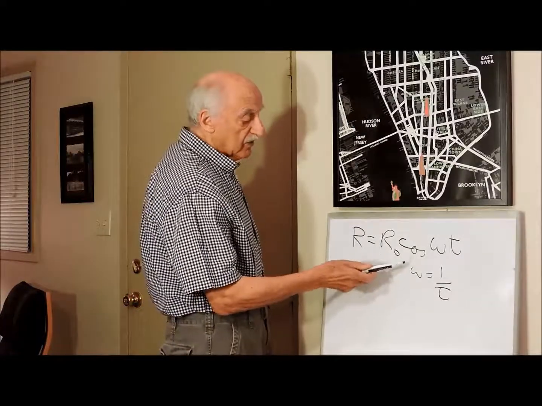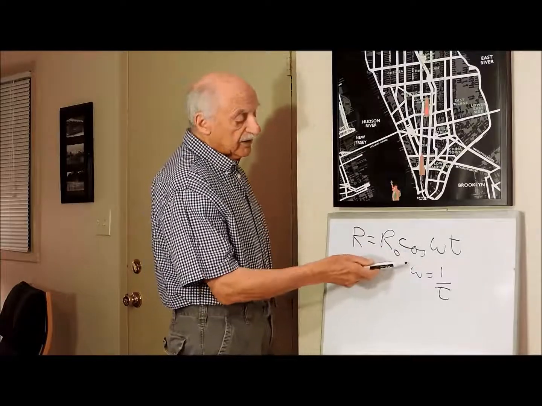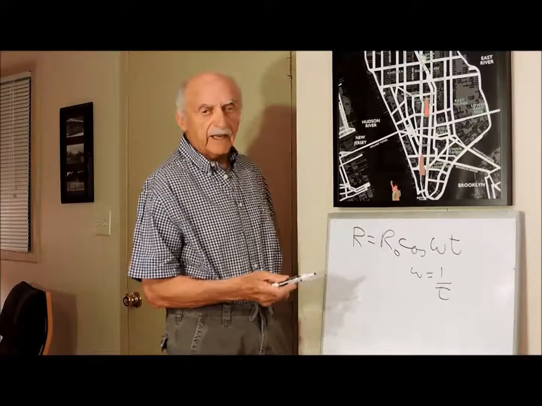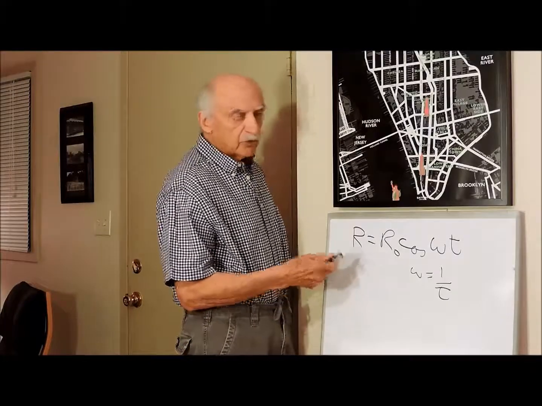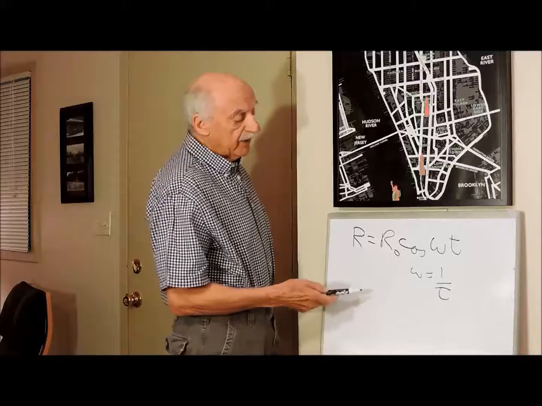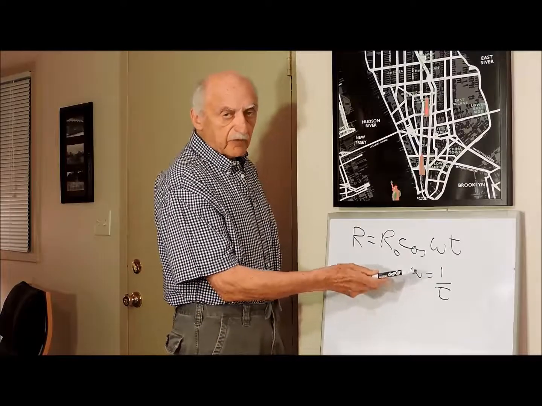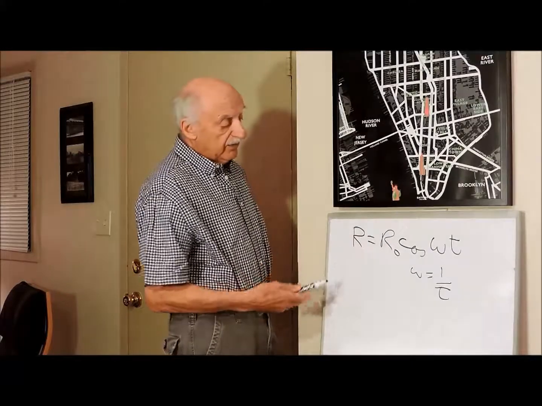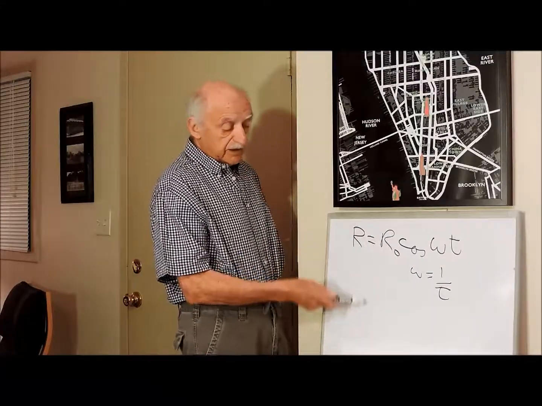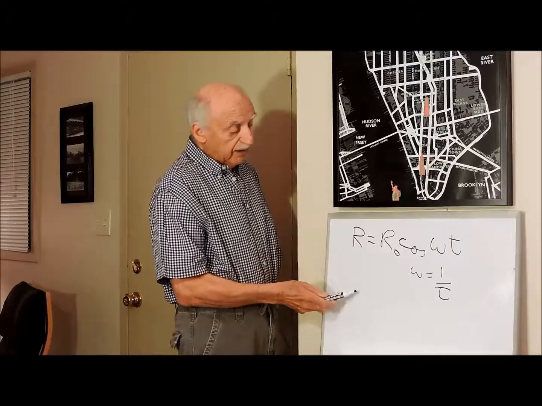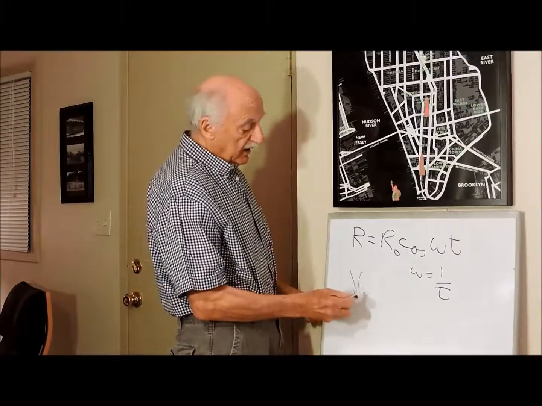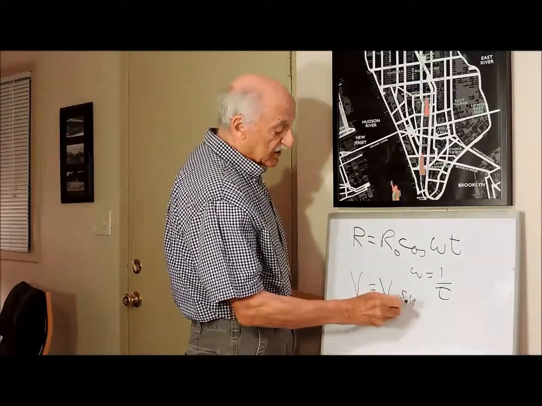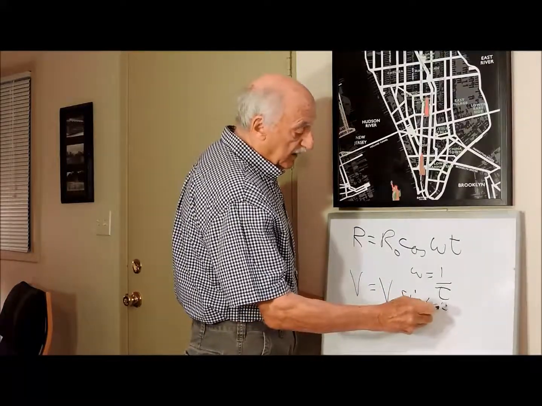If this were cycles, omega, small lowercase omega, is equal to 2 pi f normally, which is 2 pi times the frequency. But I use not cycles but radians, and so we don't need the 2 pi. So this is the cosine representing the orbit. The velocity is equal to the maximum velocity times the sine of omega t.